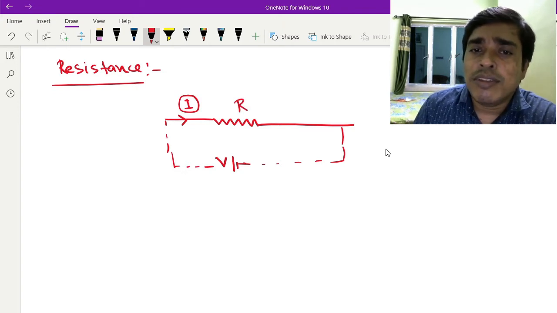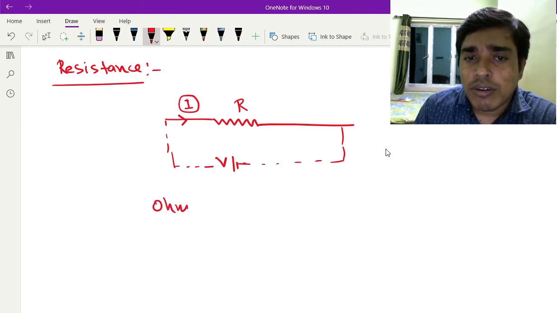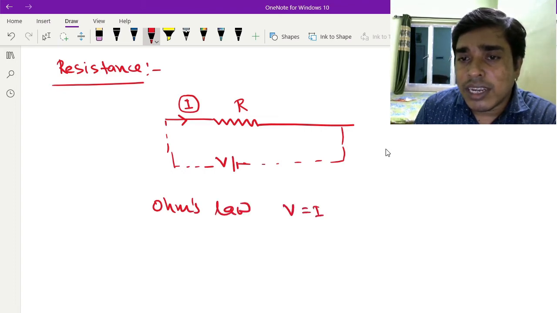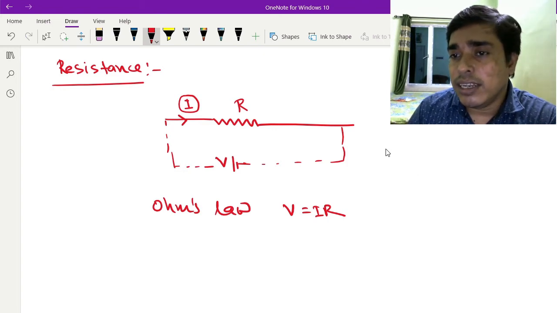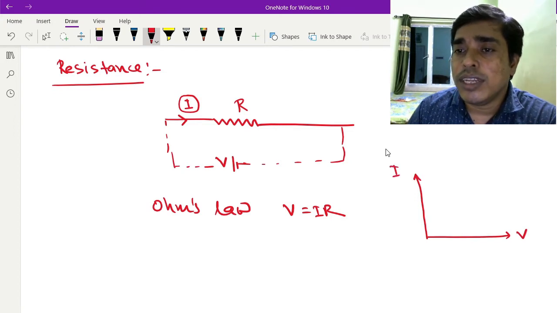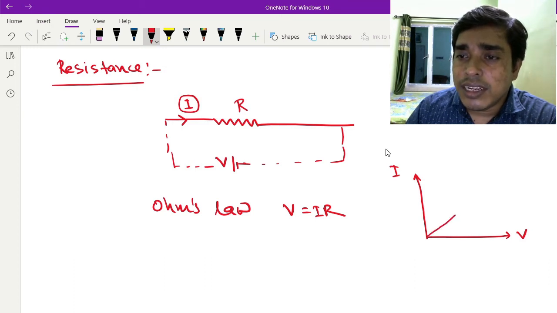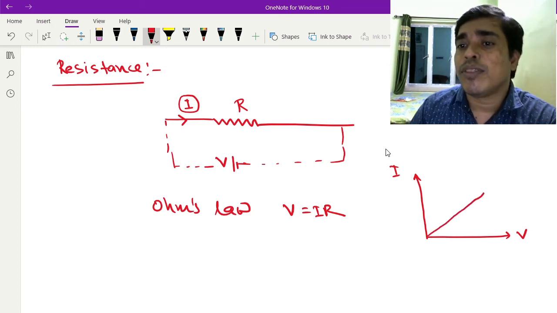It obeys Ohm's law: V equals IR. This is a linear voltage-current relationship. This is voltage and this is current.